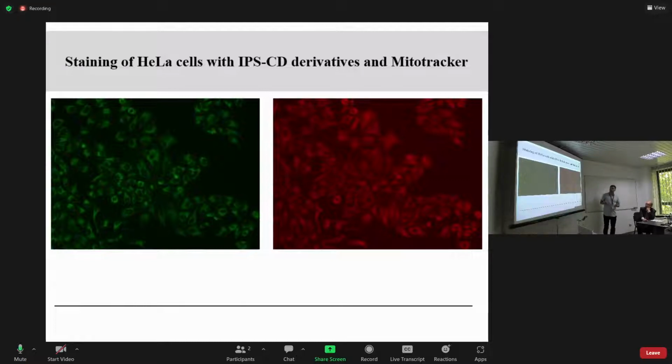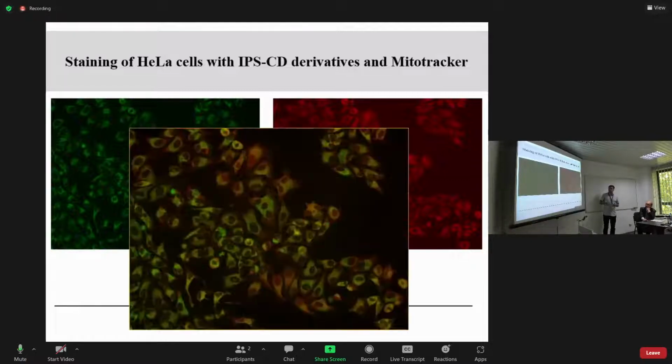For that purpose, we prepared cells incubated for 24 hours with inclusion complexes, then treated them with a commercial MitoTracker Red, and overlaid the images. The software said that yes, there is a good overlapping coefficient, but it's not as good as in the case of lysosomes. So we drew a general conclusion that maybe it's more preferable to stay in lysosomes rather than mitochondria.